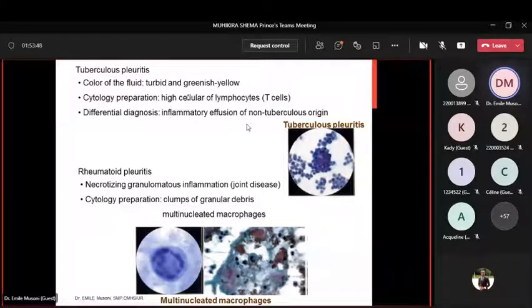Here there are some examples, for example tuberculosis pleuritis. In that one, there will be a high number of cells. You can find necrosis.